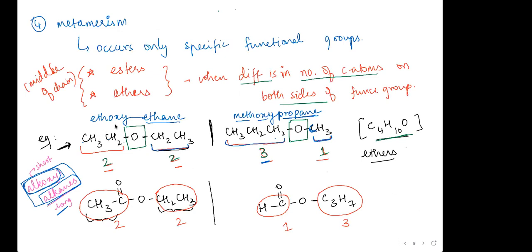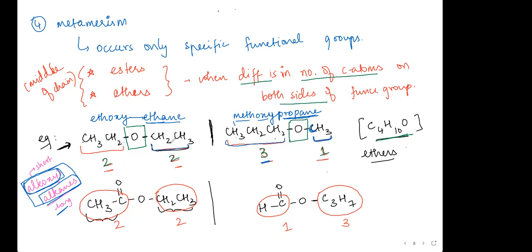Anyway, you can see it's ethoxyethane, methoxypropane. You can say that, okay, ethane, propane, chain isomerism is possible because the number of carbon atoms is different. But also the methoxy and ethoxy, the branches, are different, right?